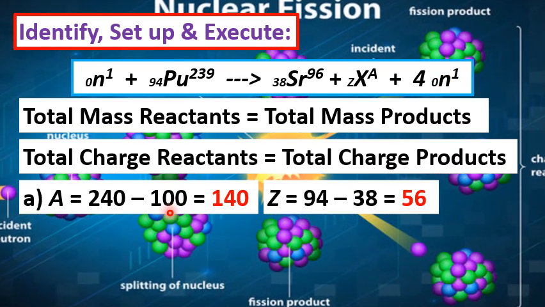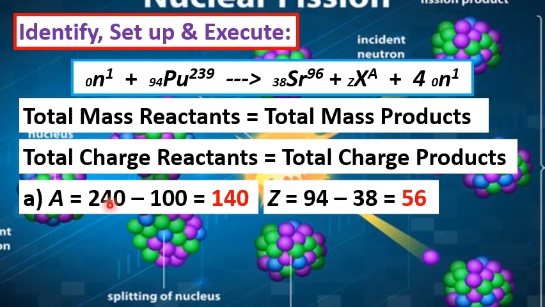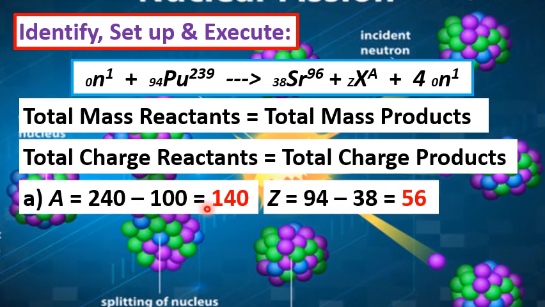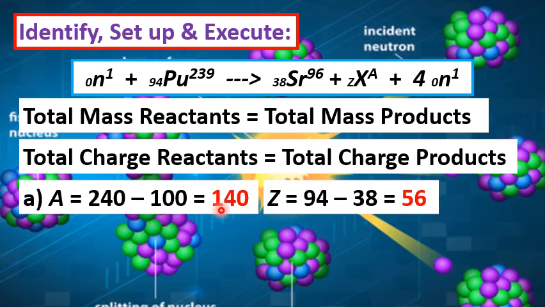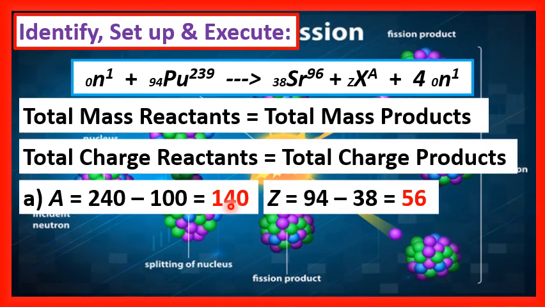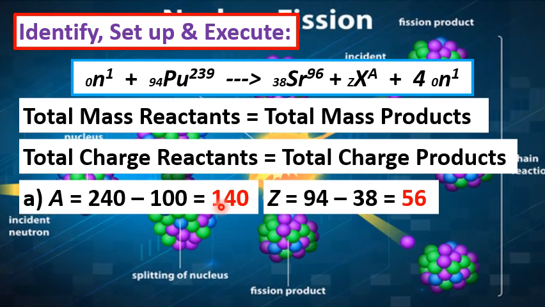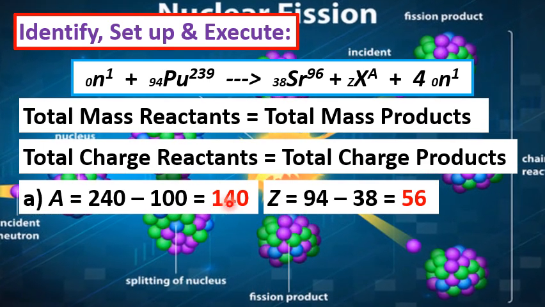So that is 100. Therefore, subtracting 100 from 240, we get, of course, 140. So this is the mass number of the unknown element X.